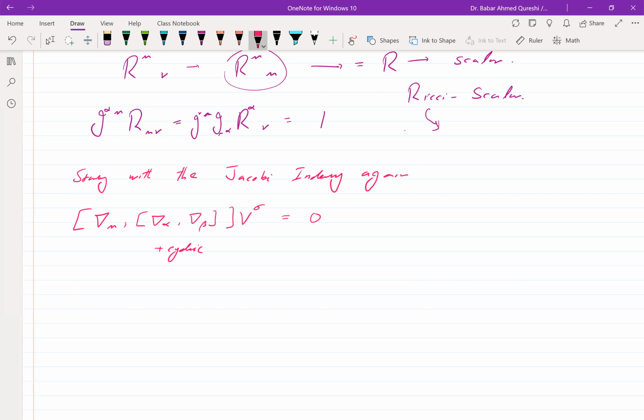But what you will be able to prove using this is that, if I write a covariant derivative of the Riemann tensor itself and do the cyclic permutations on the first three, this is equal to 0.